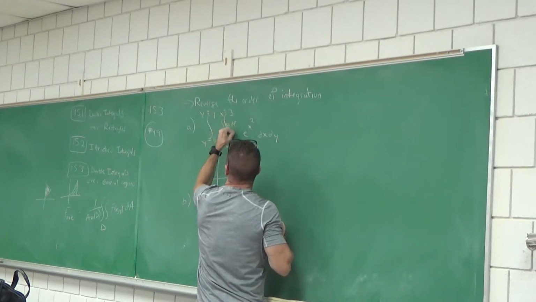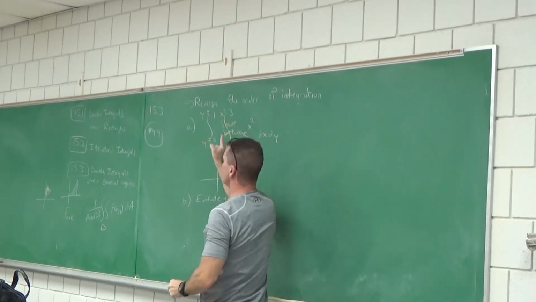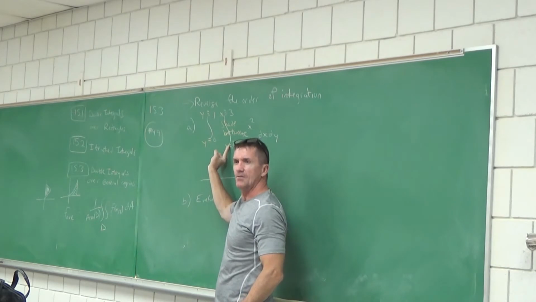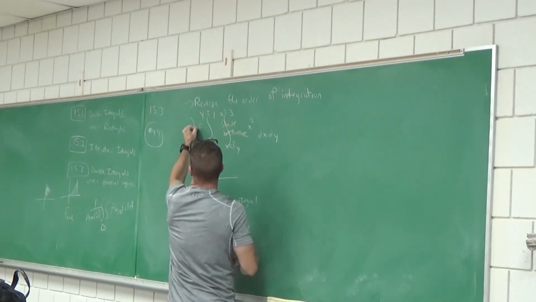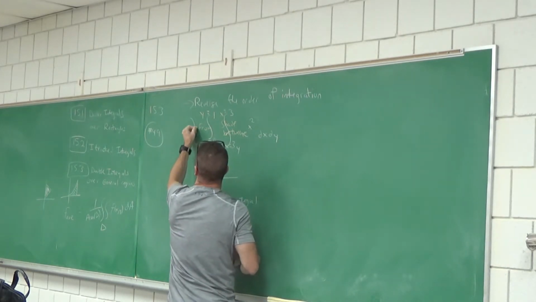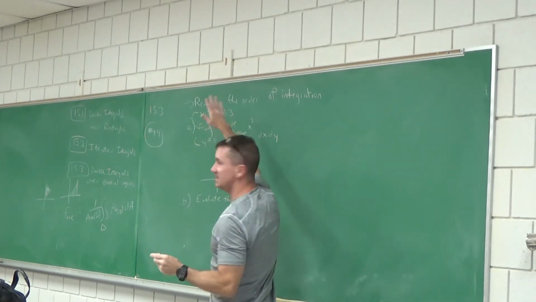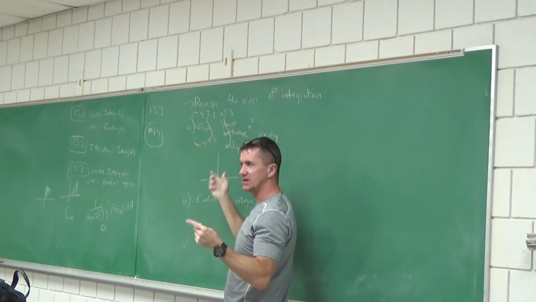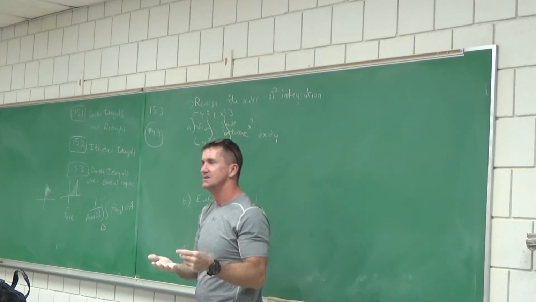between these two curves. I need you to shade between here, and how far? From this value to that value. I'm marking this up because I don't want you to shade the wrong region.